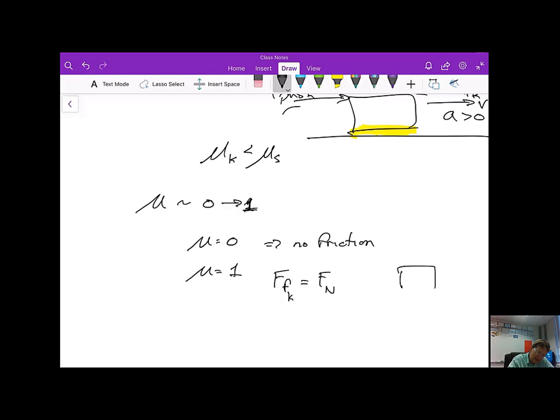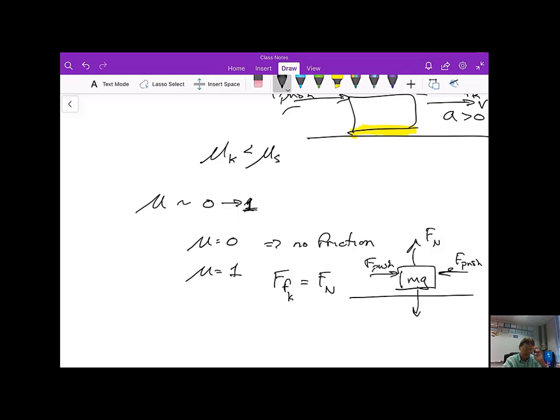So let's take, for example, the box on the floor with a weight of mg, and we're pushing on it with F push. mg is down, and the normal force is up, and the frictional force opposes the push, whether it's moving or not.